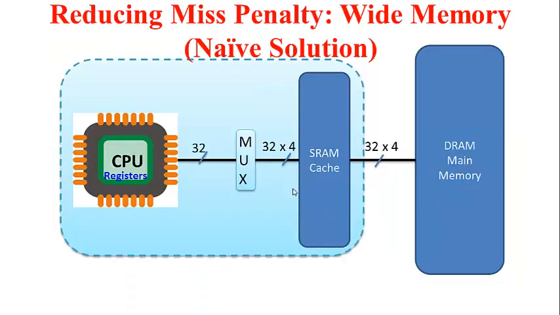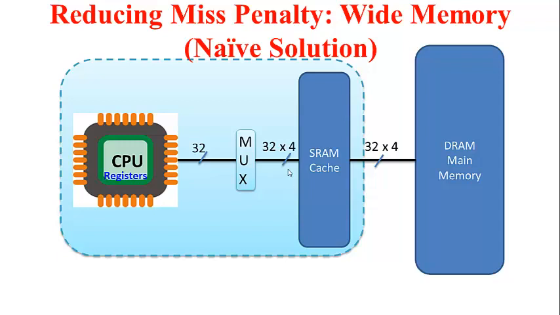One way to reduce the miss penalty is to simply increase the width of the main memory as well as that of the cache. For example, here I have shown that both of these units are increased to 32 times 4 or 128 bits of width.